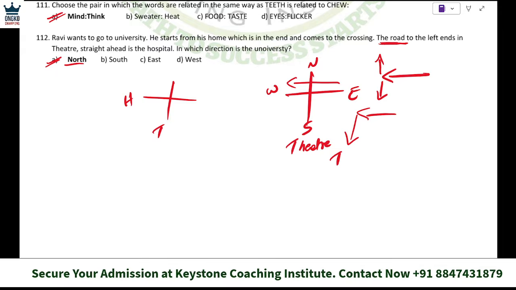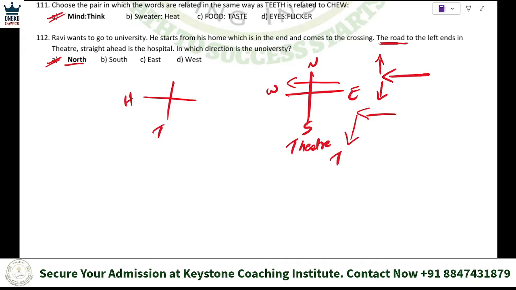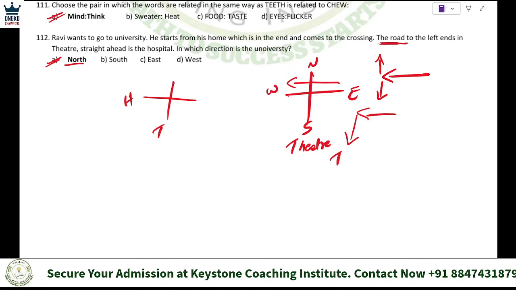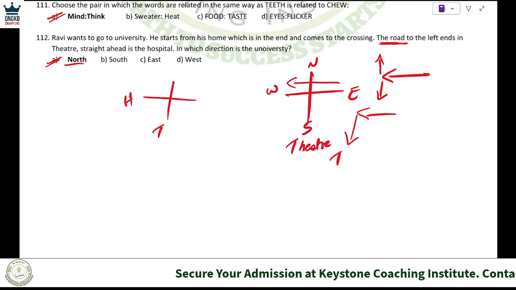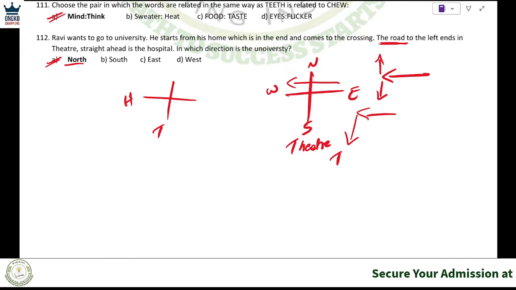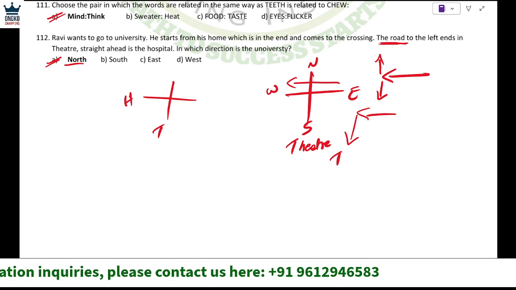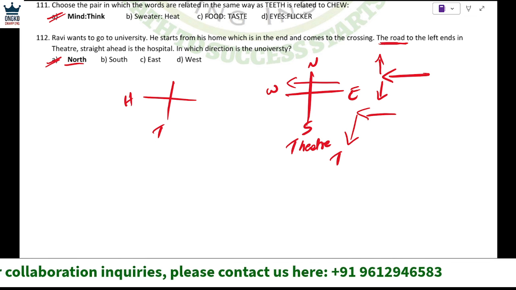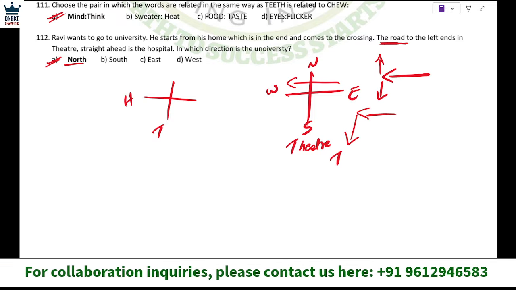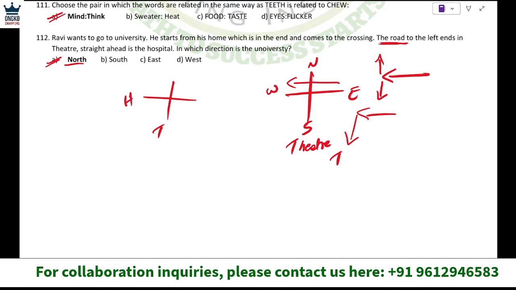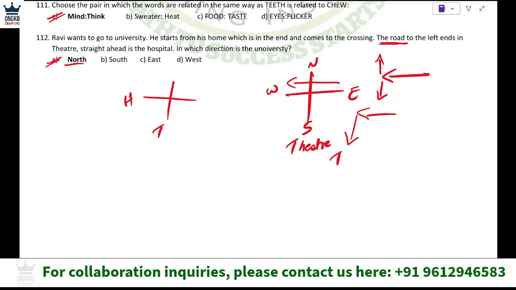So we assume from east to west. Next we also analyze the direction of the crossing, because it's mentioned that the road to the left ends in a theater. So if he is facing west, that means facing west, right? Then his left would be south.